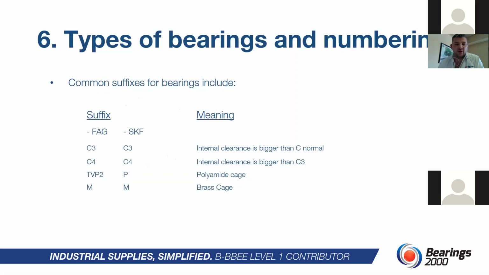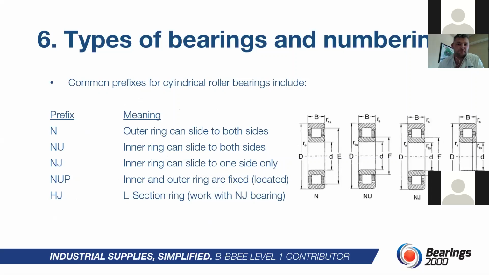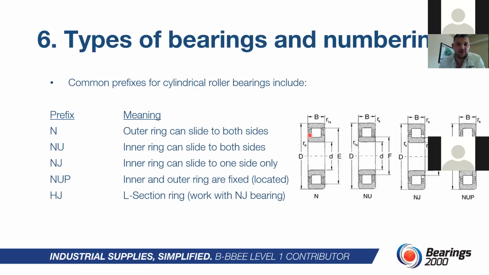Just keep in mind, when ordering these bearings, that first letter is very important. We call that the prefix of the bearing. So the N means that the outer ring can slide to both sides. You can just look there and you can see that. NU will indicate that the inner ring can slide to both sides.